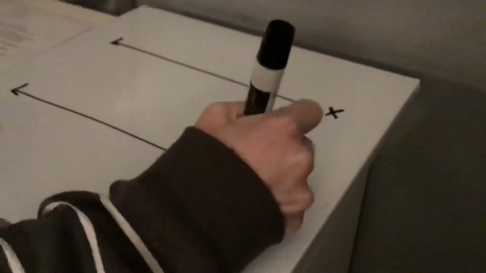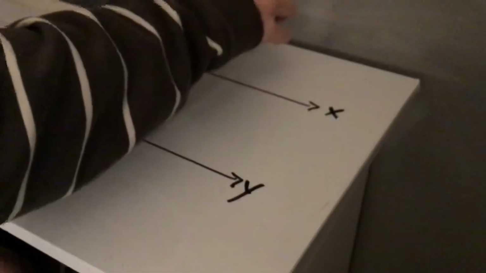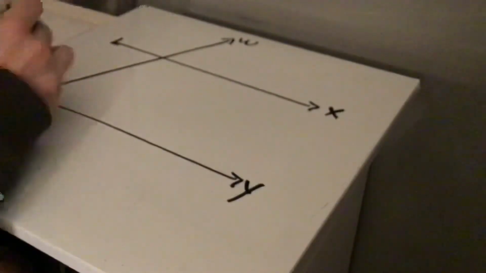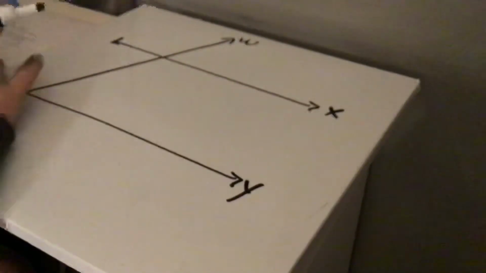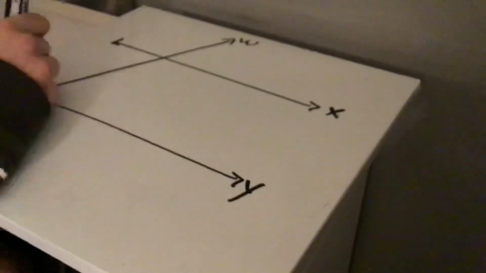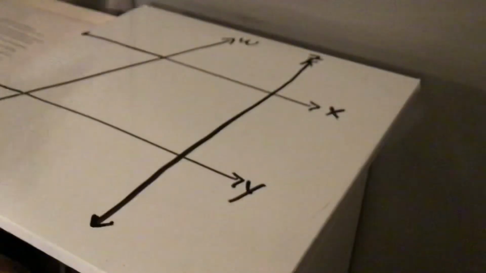So let's look at one big example, okay? I have two parallel lines. We're going to say this is line X and line Y. Then you have one line here called line W. And a line here that we're going to say is line Z, okay?